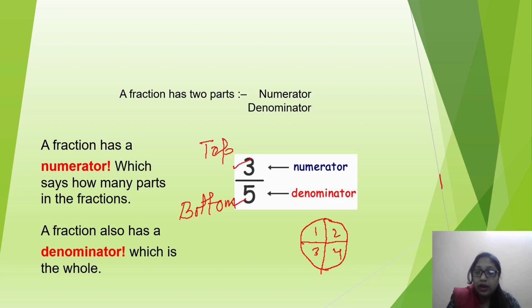Out of 4, I used 1 part. So this 1 part out of 4 is consumed. This one part will show the numerator and the total number of parts in the pizza, 4, will show the denominator. This is the numerator and this is the denominator.